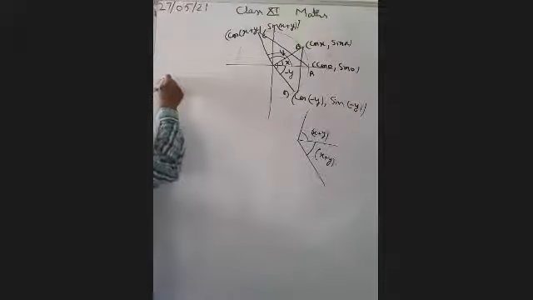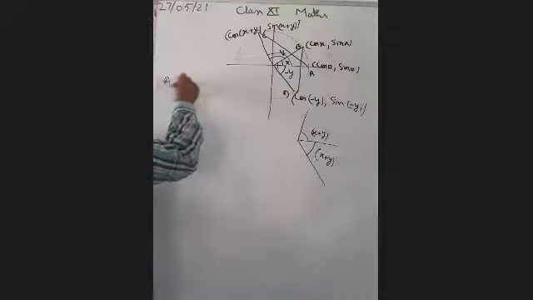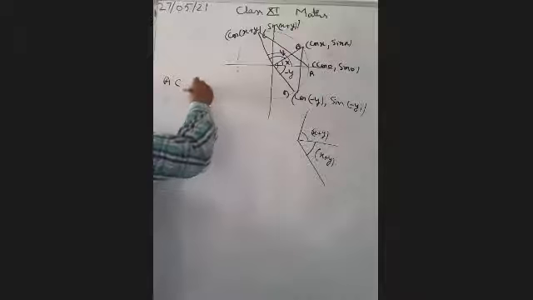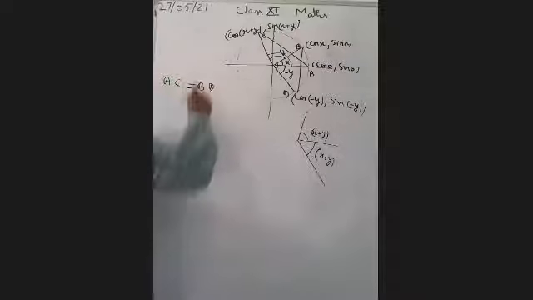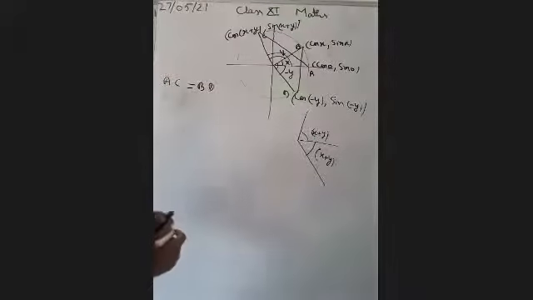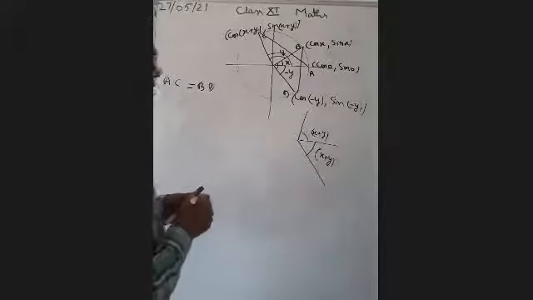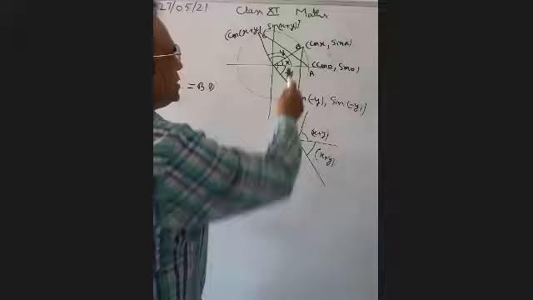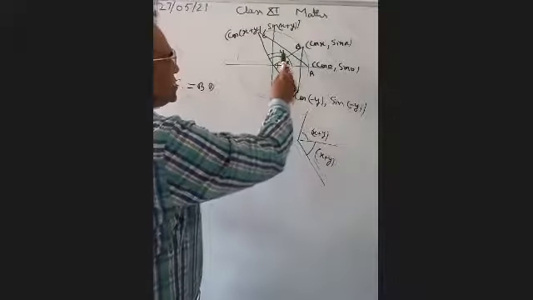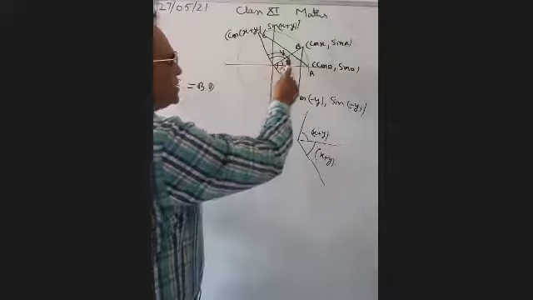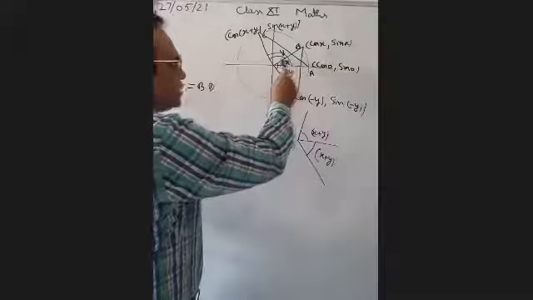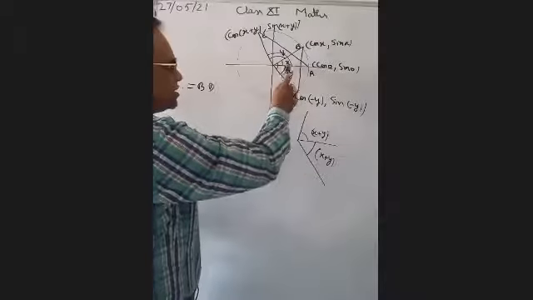यानी कि AC must be equal to BD. Equal chords make equal angle at the center. ठीक है, equal क्यों है? So the magnitude of this angle is x plus y, and the magnitude of this angle is x and this is y.